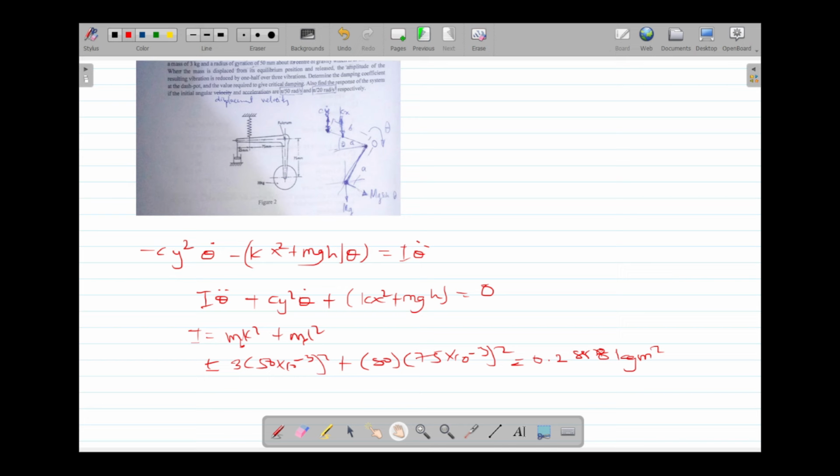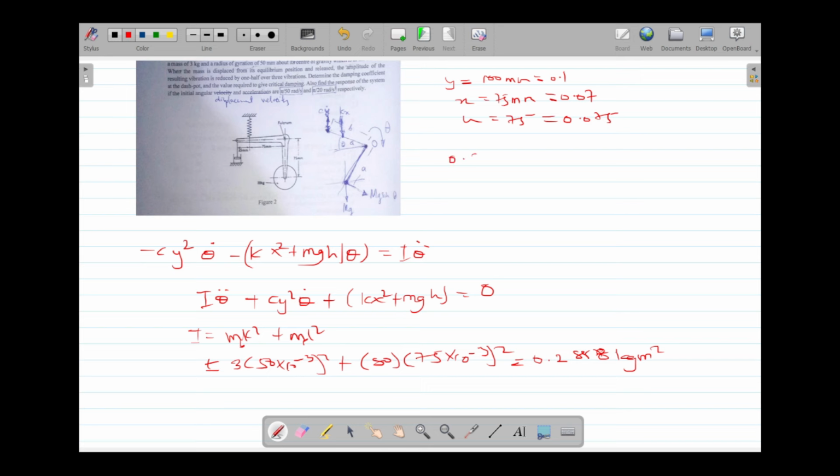The y value is 75 plus 25, and that's going to be 100 millimeter, which is 0.1 meters, right? So y is 100 mm, giving us 0.1, and then the x is 75 mm, giving us 0.075, and then h is 75, giving us 0.075.